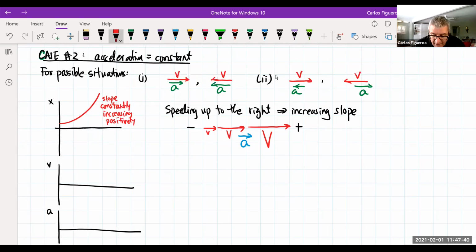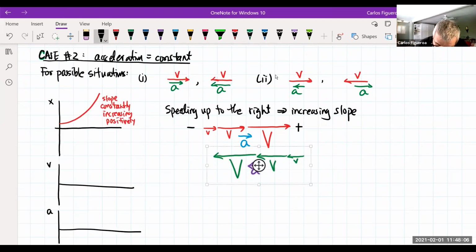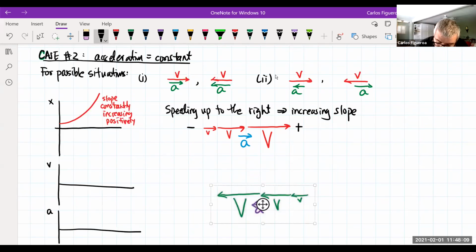Now, if I'm increasing in speed in the negative direction, then that means just the opposite. I'm seeing my velocity vectors getting larger in the opposite direction. So when I look at this velocity, I'm going to bring this down just a little bit. I want to put some words in here. So now I'm speeding up to the left.